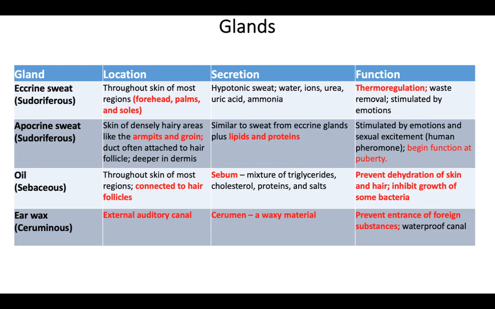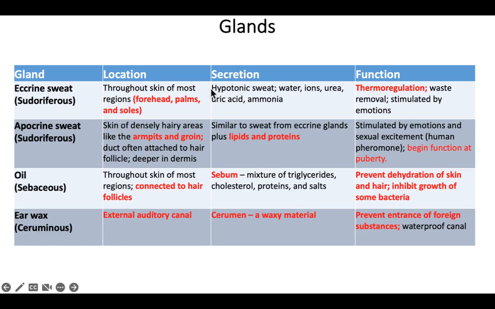The eccrine sweat glands, they're functioning right away at birth, whereas the apocrine glands don't function till puberty. So eccrine sweat glands are throughout most areas of the body, highly concentrated on your forehead so you can cool your brain. Your arms have a lot of sweat glands. Your palms, your hands might get sweaty sometimes. Your soles have sweat glands, but they're really everywhere.